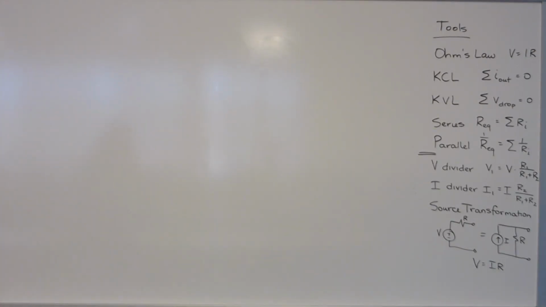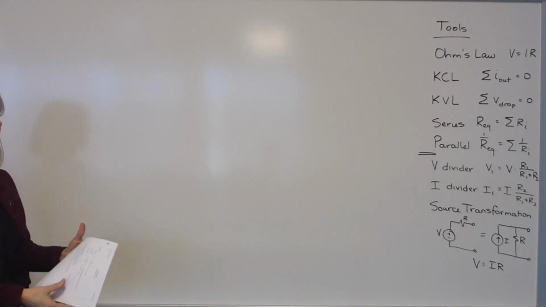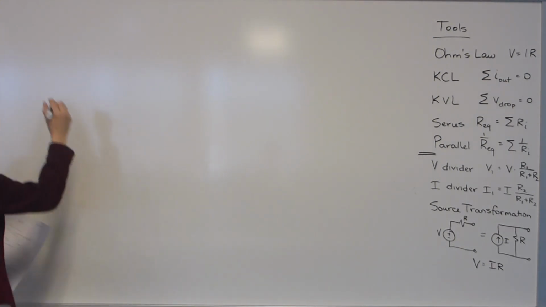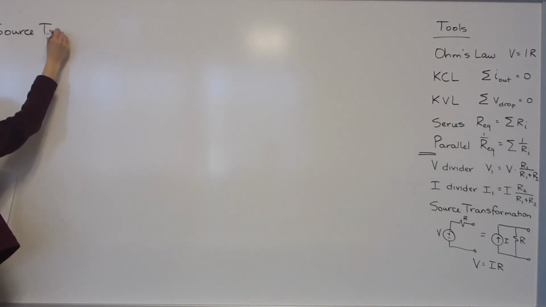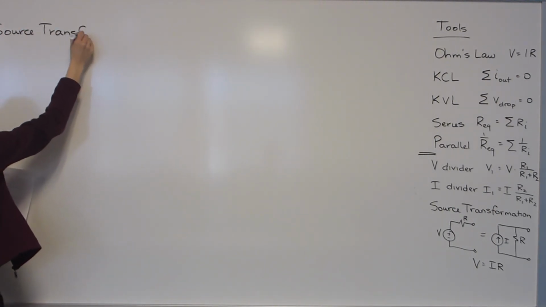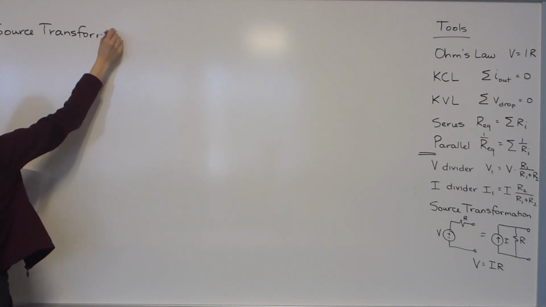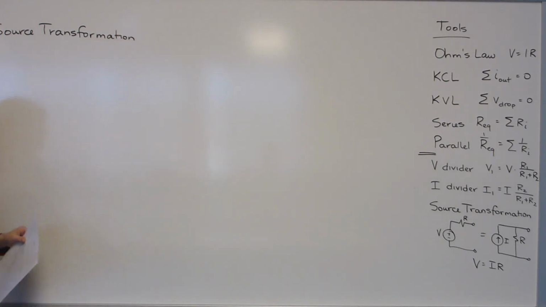Okay, so the second thing we're going to cover for today is called source transformation. And this one's really very important. I'm going to draw 2 pictures, and then we'll talk about them and how they are the same.